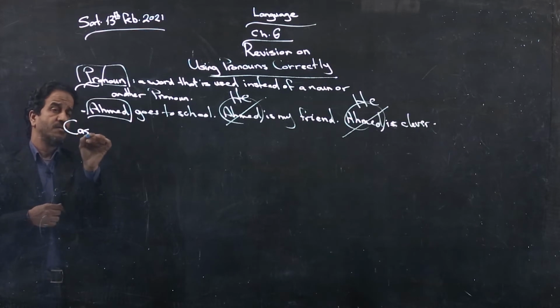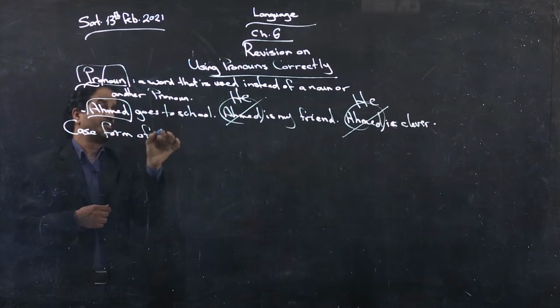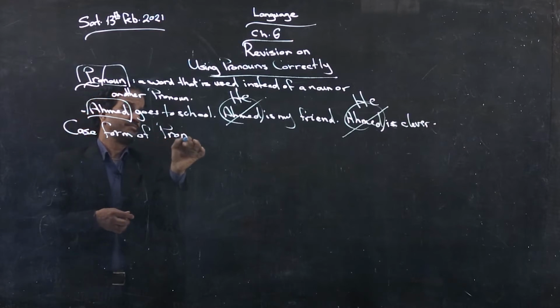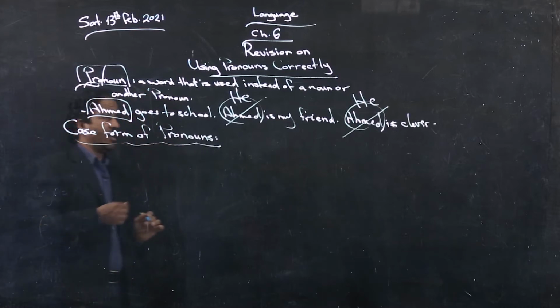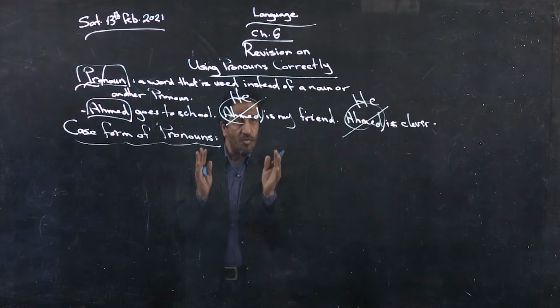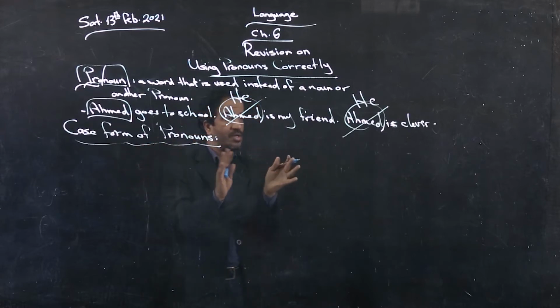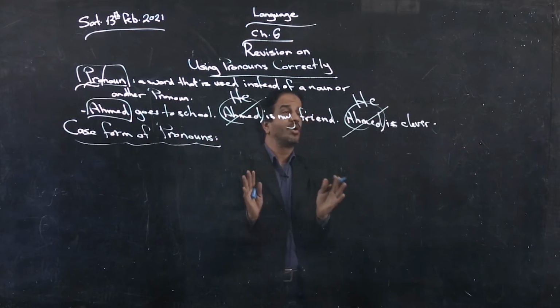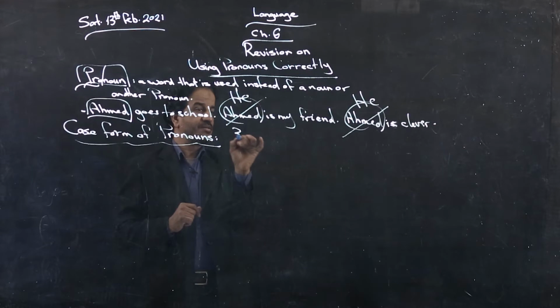Case of pronouns. It is the position of the pronoun in the sentence. The form shows the relationship between the pronoun and the words in a sentence. We have three cases.